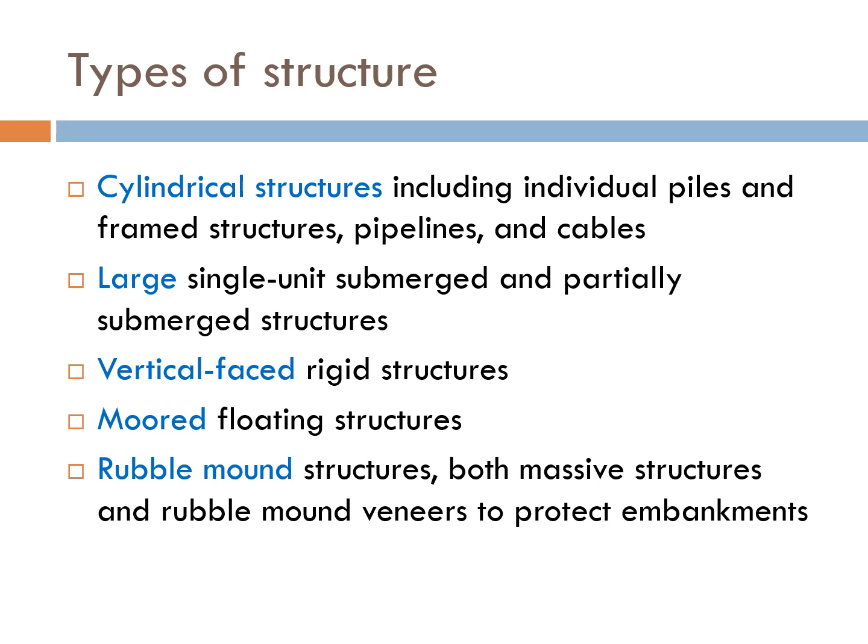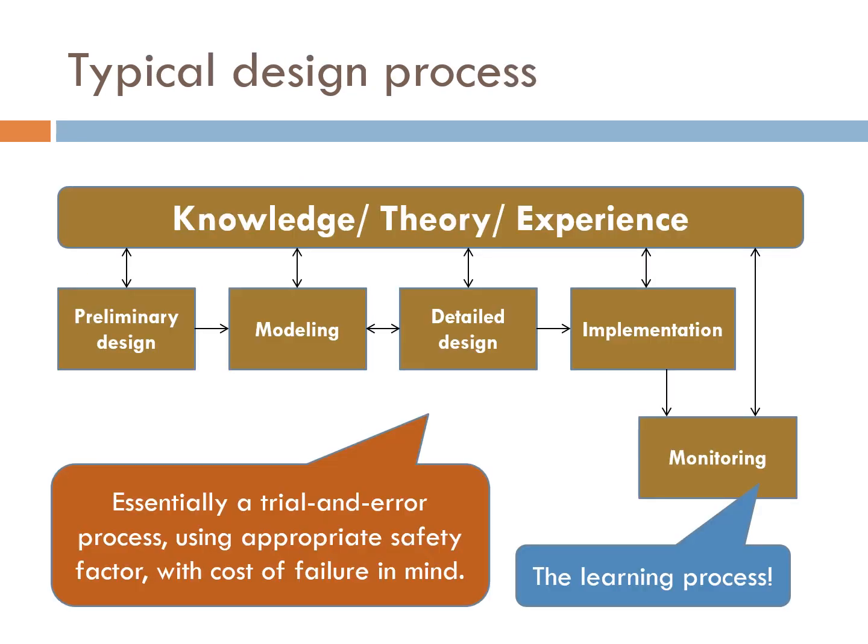So as we proceed in this lecture later on, we are going to look at some of the design principles for these different categories of structures. In a typical design process, it begins with, of course, the knowledge, the theoretical understanding and experience of the engineers.